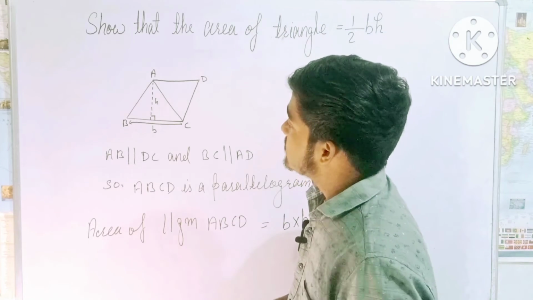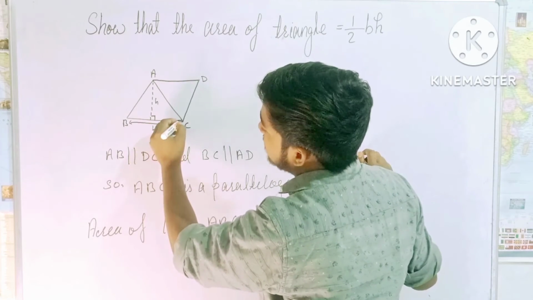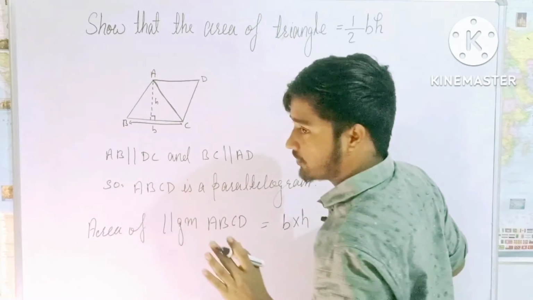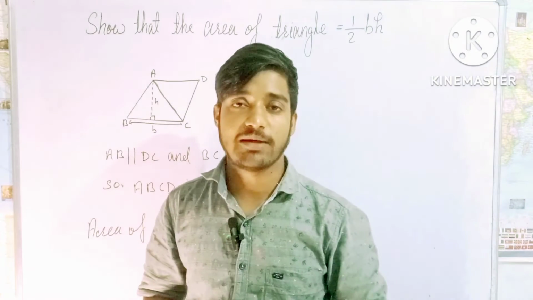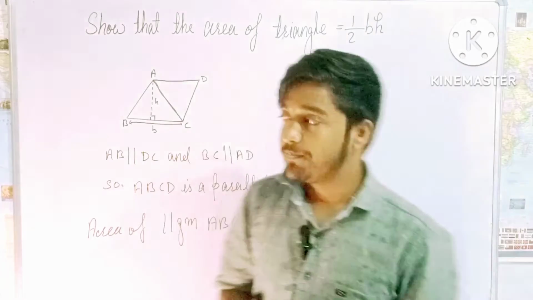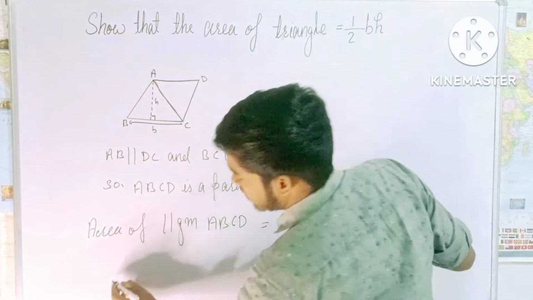If we carefully see here, we will find that this line AC is a diagonal of the parallelogram.